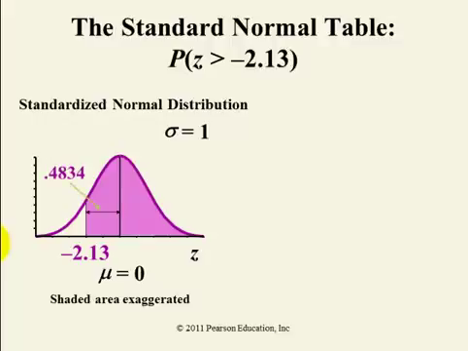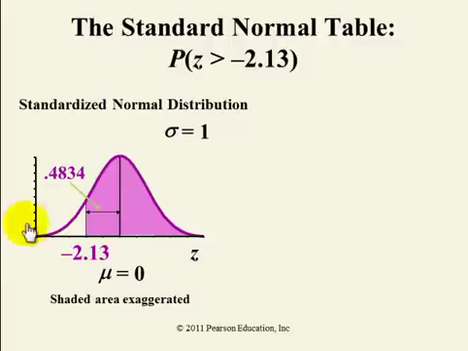So if we looked up in the table that area corresponding to Z being that far away from 0, it is that value, 0.4834. Then if we add a half, the area to the right of 0 is 1/2. The total area under the curve is 1, and exactly half, starting at mu equals 0, either side is 1/2.